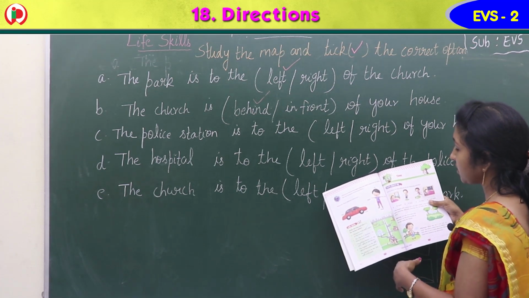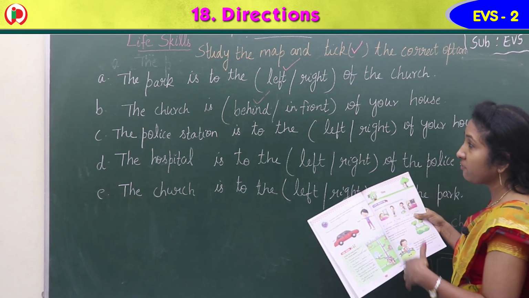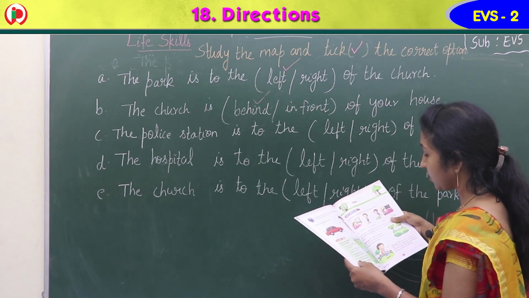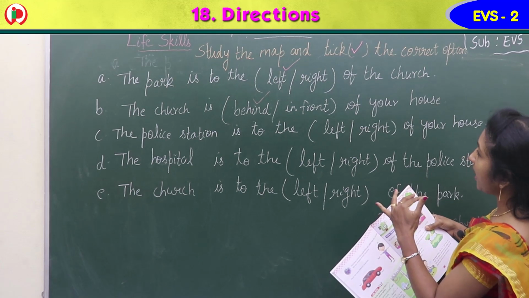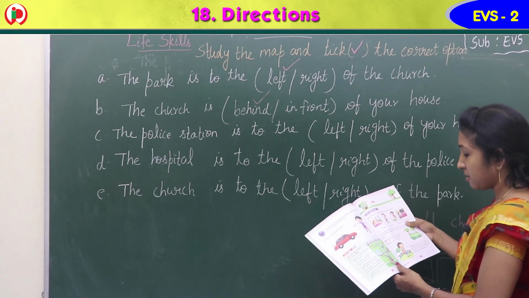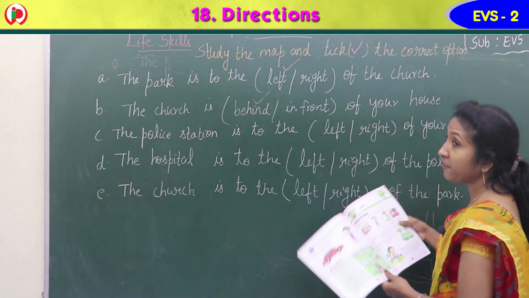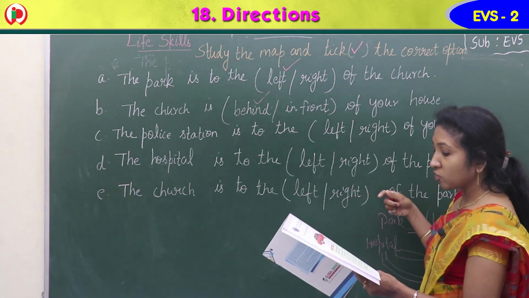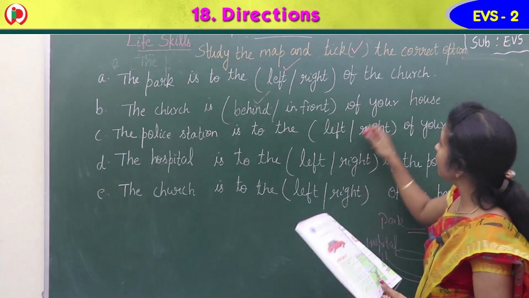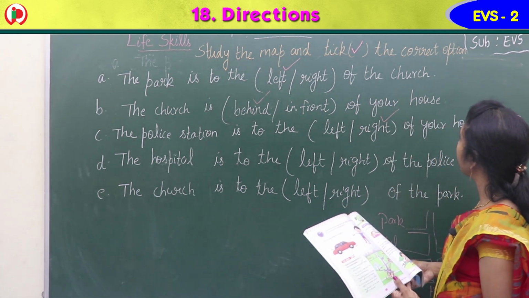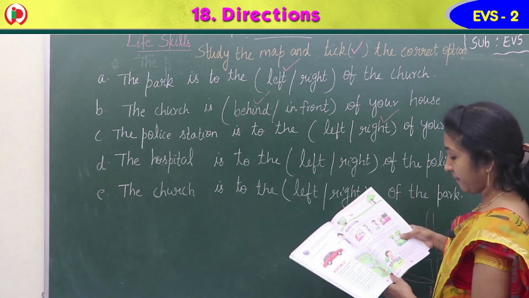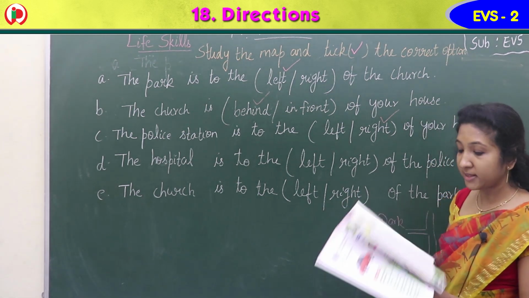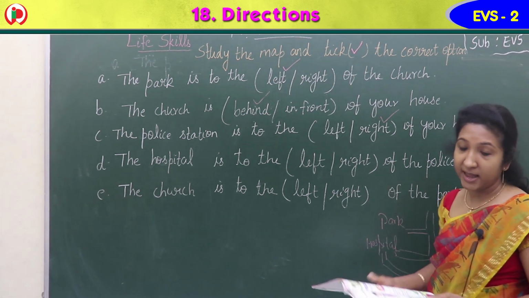Yes, it is to the right of your house. There you have to give a tick. When you are standing in front of your house, you can see the police station on the right side.